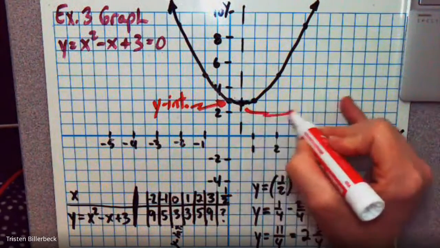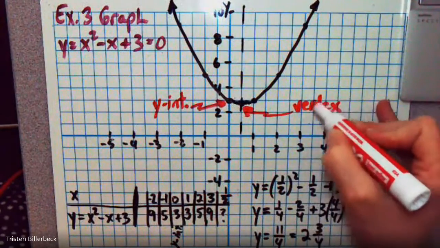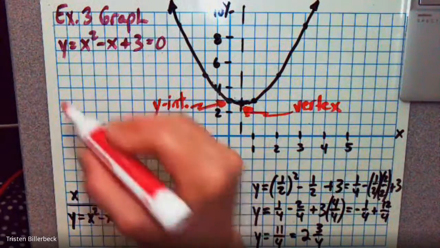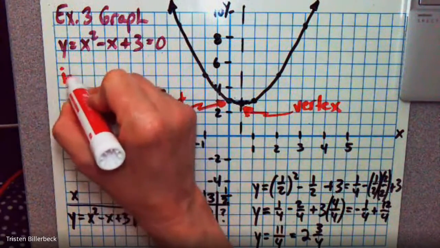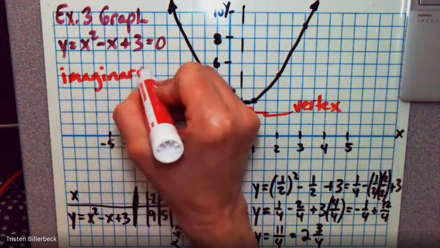We have a vertex, but what are we missing? We're missing a root. There's no intersection with the x-axis. So we have no real root, but we have an imaginary root, imaginary or not real roots.